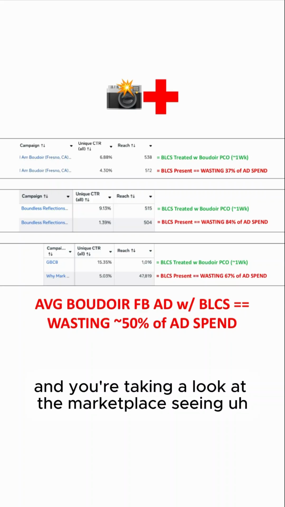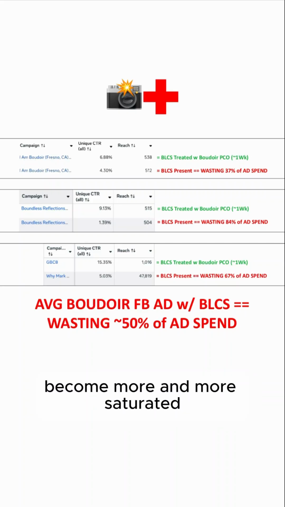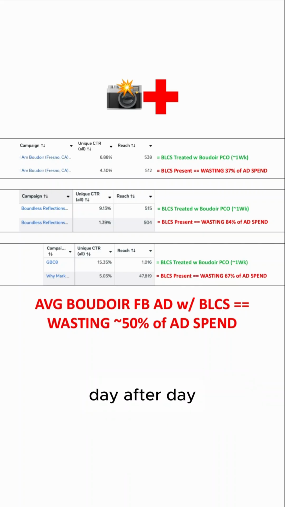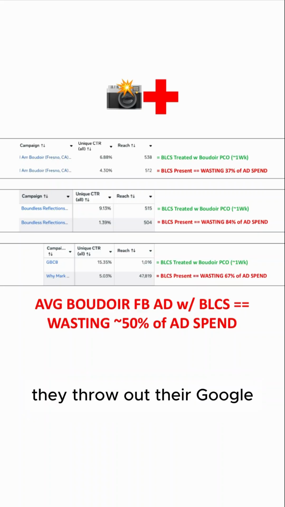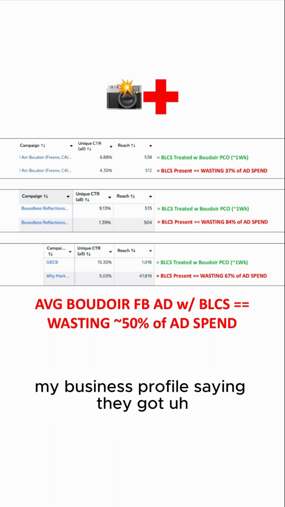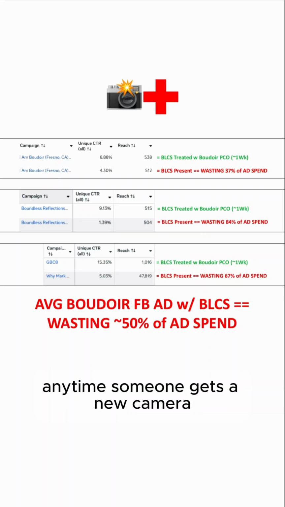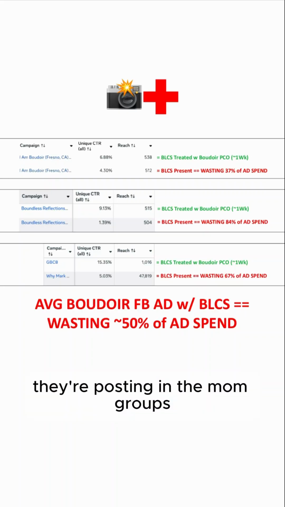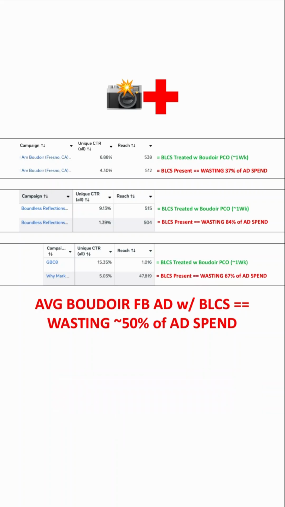It's become more and more saturated with more and more boudoir photographers day after day. Seems like anytime someone gets a new iPhone, they throw up a Google My Business profile saying they're now a boudoir photographer. And anytime someone gets a new camera, they're posting in the mom group saying they're now a boudoir photographer and offering sessions. So you see it's getting more and more competitive.